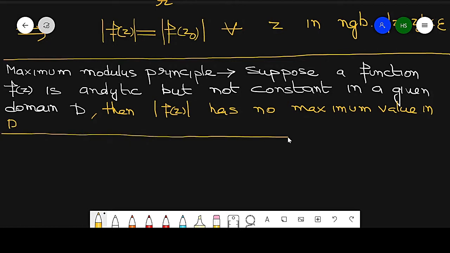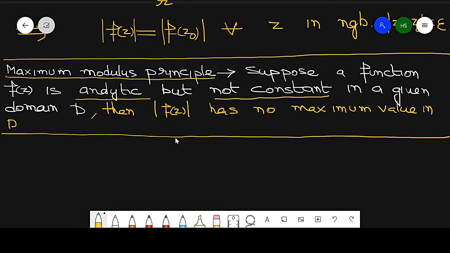It means if it has a maximum value, it has it on the boundary of the domain D, not interior to D. So what is the statement? If a function is analytic, number one, and number two, not constant, then it has no maximum value in D. So remember that it has no maximum value inside the D. This is a very important result.